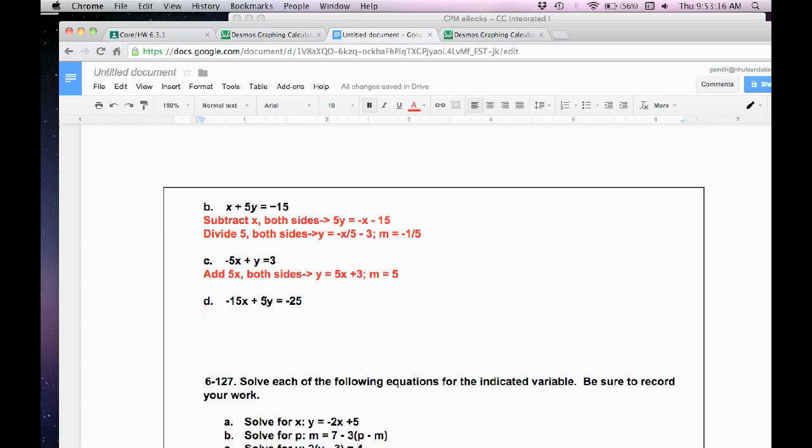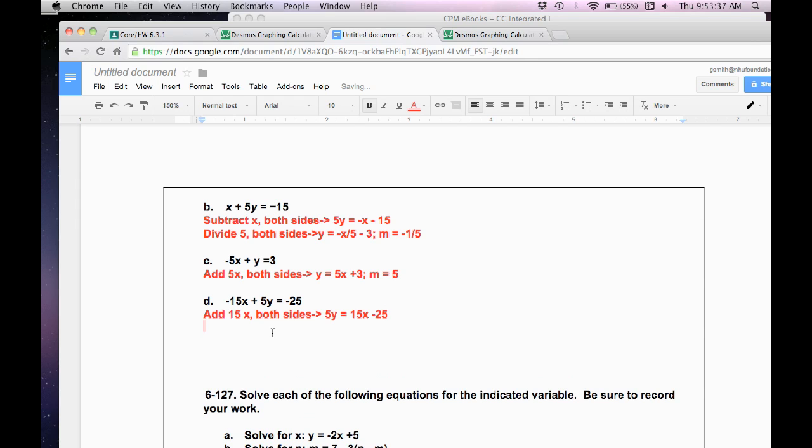Okay, so here we want to get y alone, so we're going to add 15x to both sides. And that's going to get us 5y is equal to 15x minus 25. X isn't alone yet, though, so we got to divide by 5 on both sides.